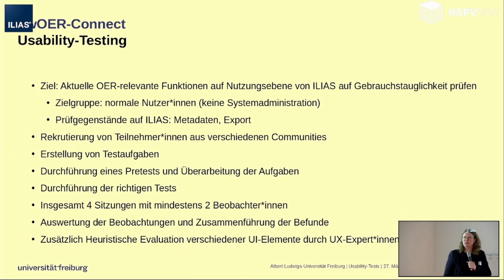Then we reworked the tasks and the test data, and time was on our side because as ILIAS 10 Alpha progressed and matured, this testing process also got easier, and we carried out tests online. We always had 2 people observing and taking notes.